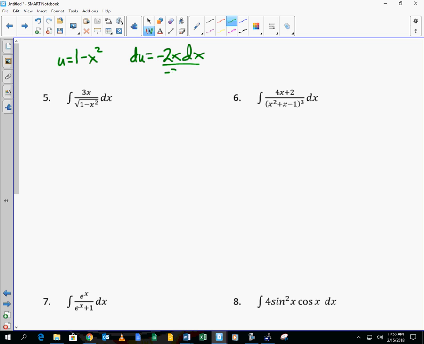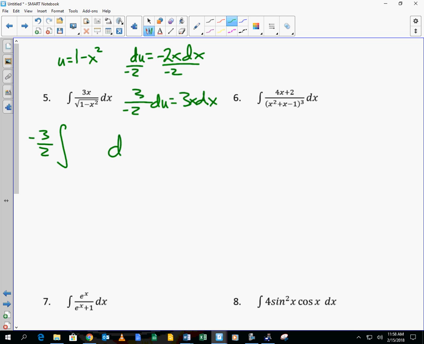Divide by -2 and multiply by 3. So 3 over -2 du is equal to 3x dx. What do I put out front?